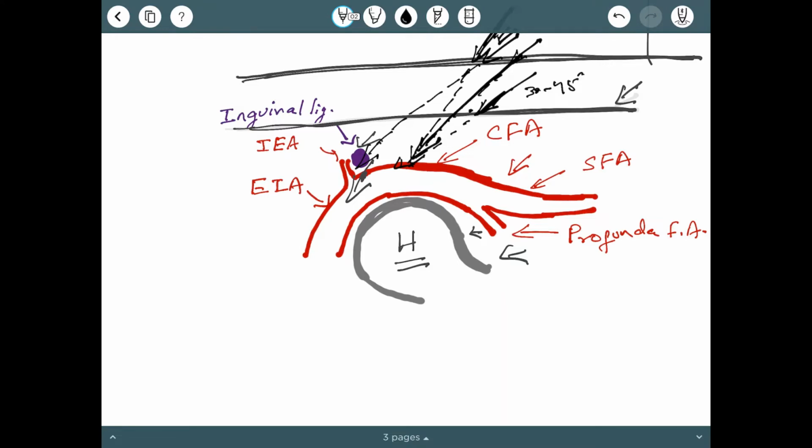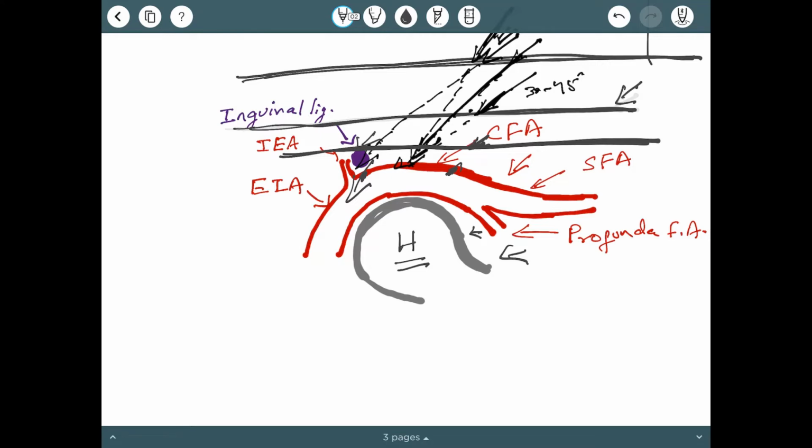What about thin subjects? Well, obviously in thin subjects the artery will be very superficial, and it may be like this. In that situation, if you use that marker, the inferior border, you may be puncturing very low, just at the inferior border of the head of the femur.